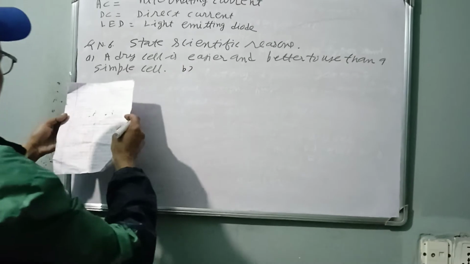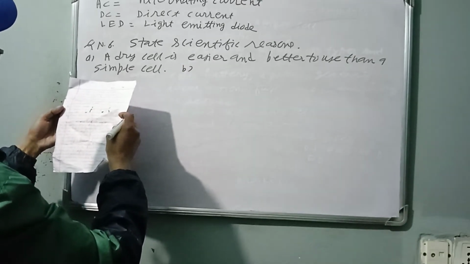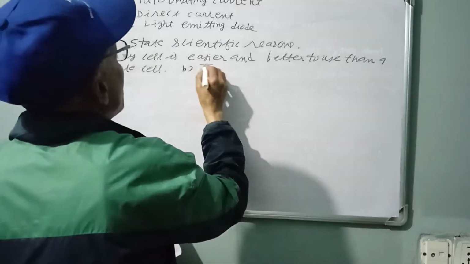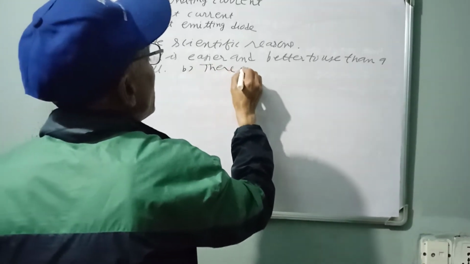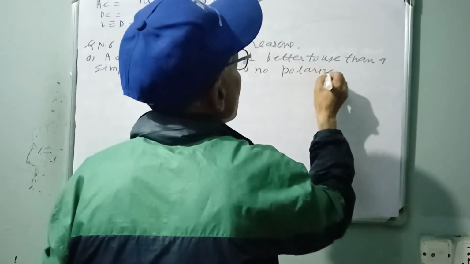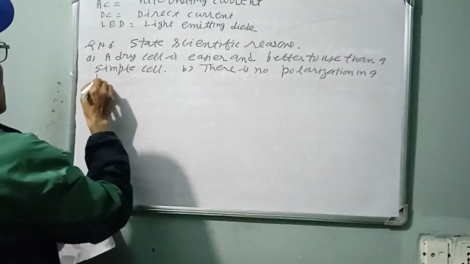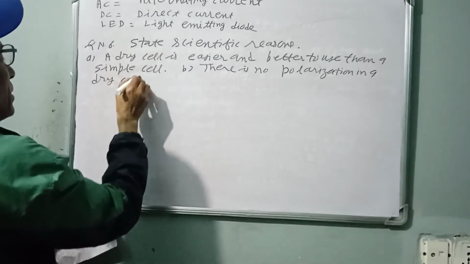B: a dry cell is better. There is no polarization in a dry cell.